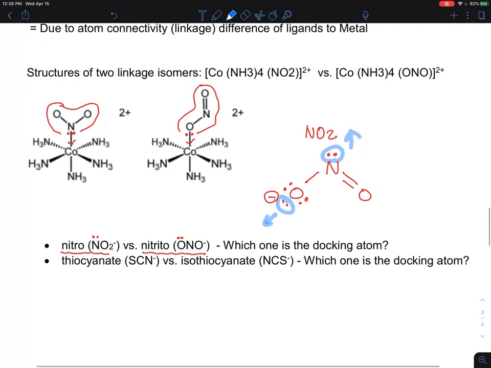Another quite well-known example is what we call the thiocyanate. If you write it as SCN, you need to draw the Lewis structure, and because sulfur is a cousin in the same column as oxygen, it looks very similar to oxygen, and to satisfy the octet and the valence electrons, this is how it looks in this thiocyanate ion.